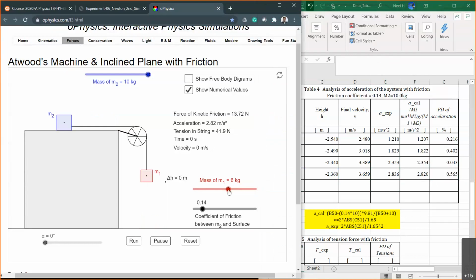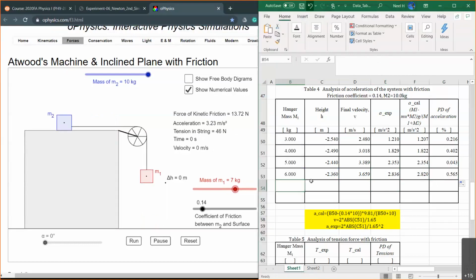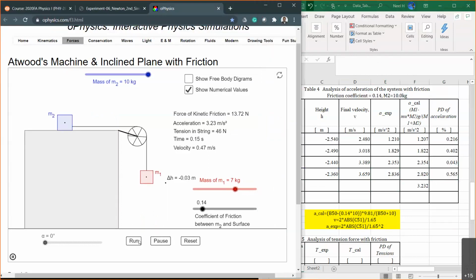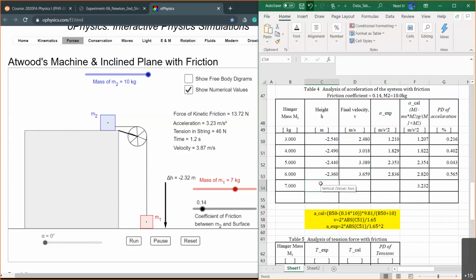Next data point, 7 kilogram on the hanger. 7 kilogram. Click run. Wait until it completes. Negative 2.32 is the height.